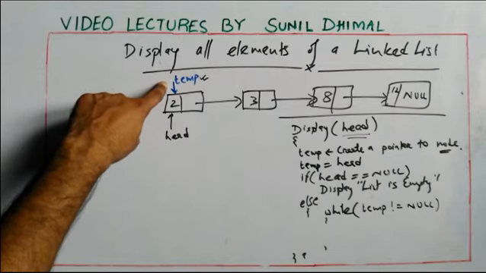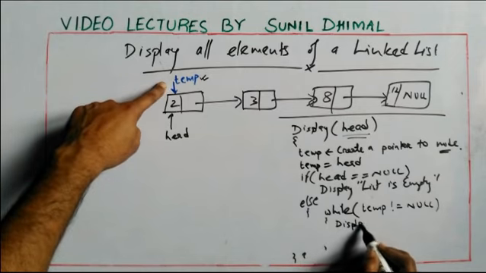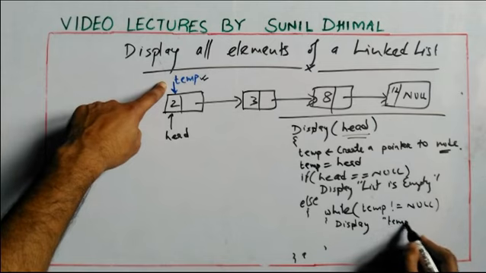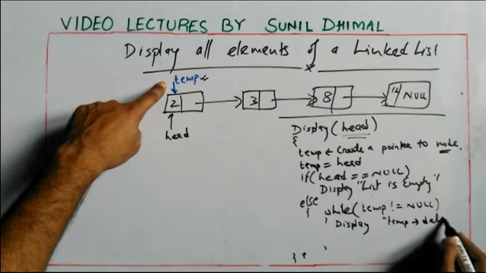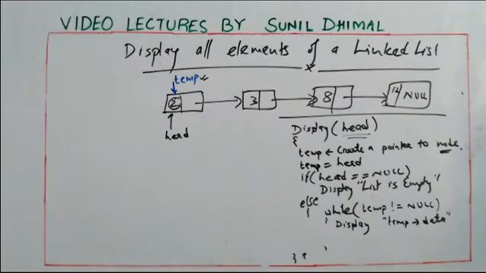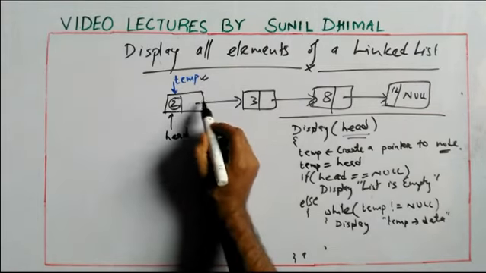So temp is not equal to null, and what I do is display the data that is pointed by temp. So I display temp data, which is 2. Now temp should have the pointer to the next node.